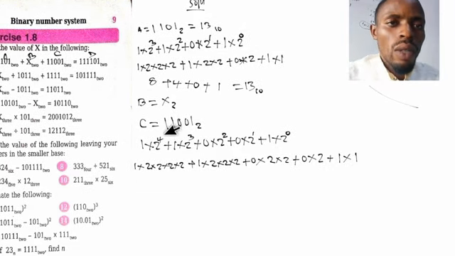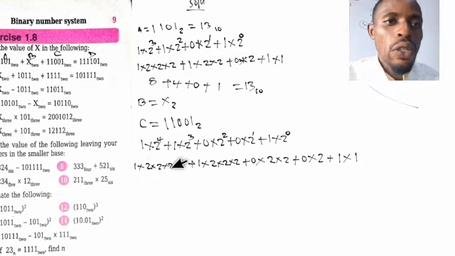So let's do the multiplication now. That is 1 times 2, that is 2, times 2 is 4, times 2 is 8, times 2 is 16, right? So you have 16 plus 1 times 2, that is 2, times 2 is 4, times 2 gives us 8. You have 8 plus, and the next one is 0 times 2, that is 0, times 2 we have 0.